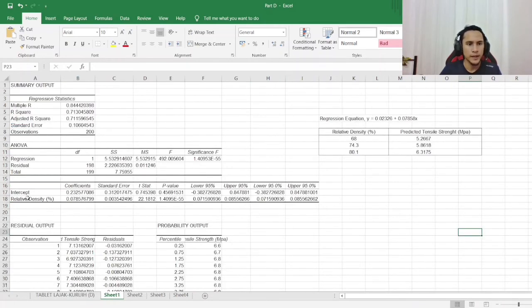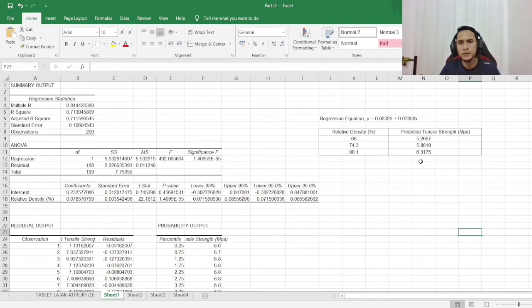From the result, we can see the estimated intercept is 0.2326 and the estimated slope is 0.0786. From here, we can get the regression equation, which is y equals 0.02326 plus 0.07858x. So x here represents the relative density.